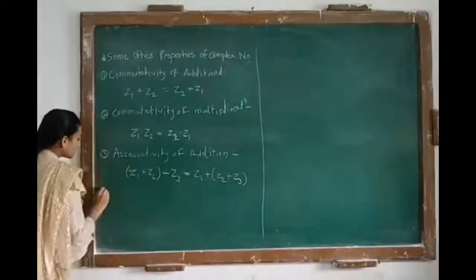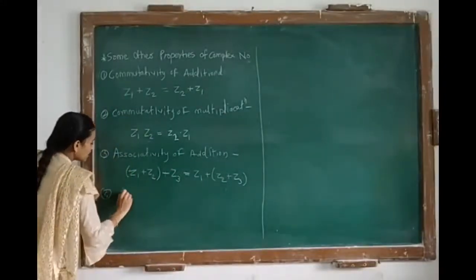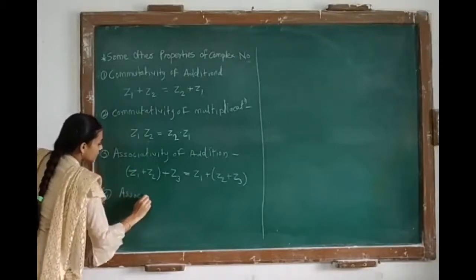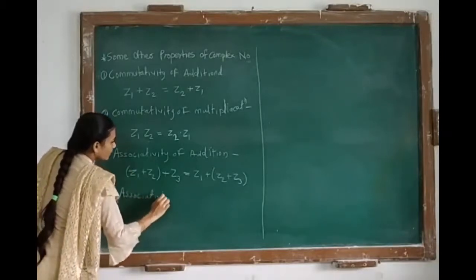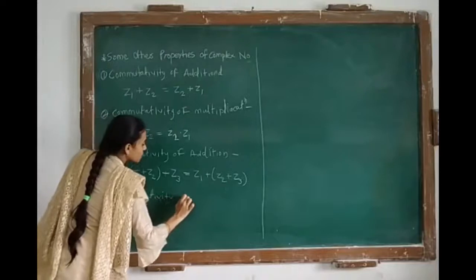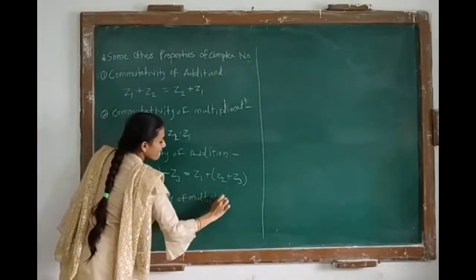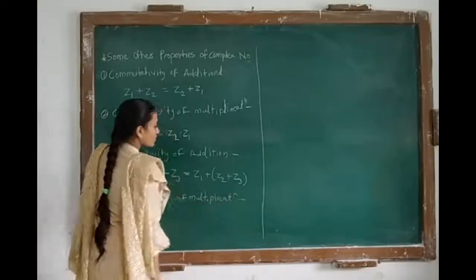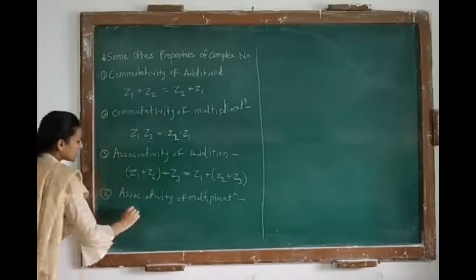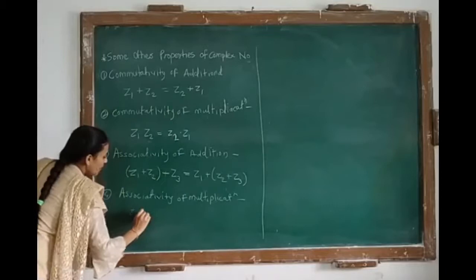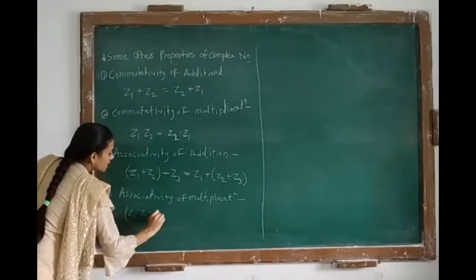Then fourth is associativity of multiplication. Now, just instead of addition, we have to do multiplication.